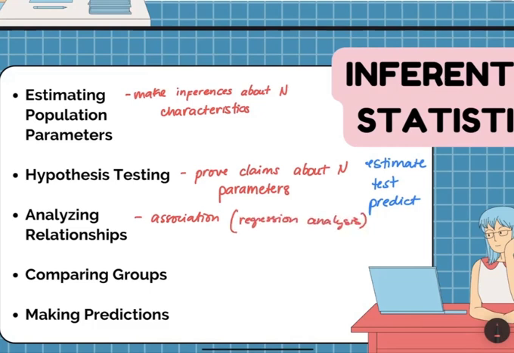Comparing groups, what do we do? We establish whether there is statistical difference. We always encounter statistical difference whenever we do research, but what does that really mean? So, for example, let's say two groups have very different mean scores. Okay. Let's say group A has, for example, 16.4 and group B has 18.2.